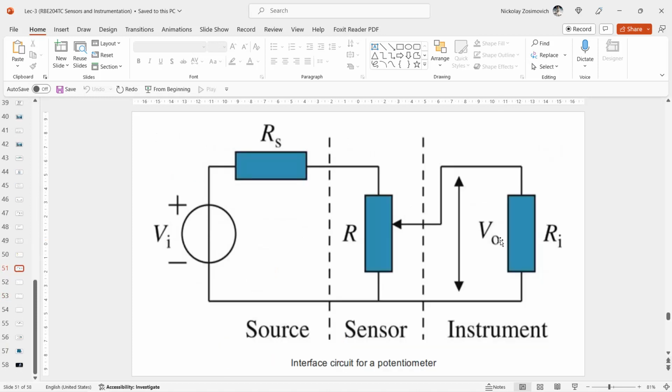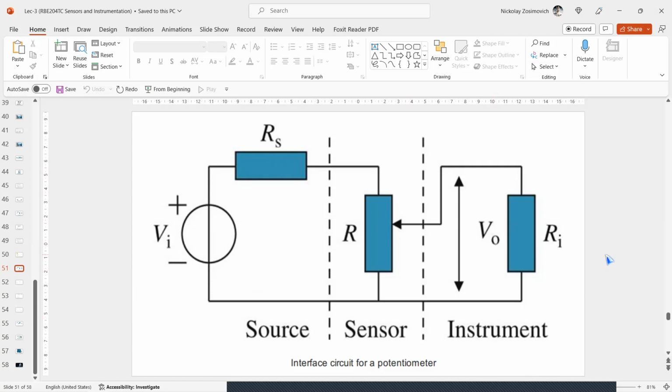The interfacing of a potentiometric sensor is essentially simple, as you can see from this figure. To measure the position of the wiper, the sensor is connected to a voltage source VI with a source resistance RF. The output voltage on the wiper, V0, is measured by an instrument with input resistance RI.